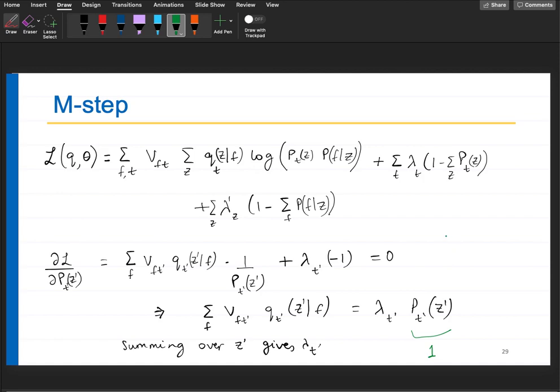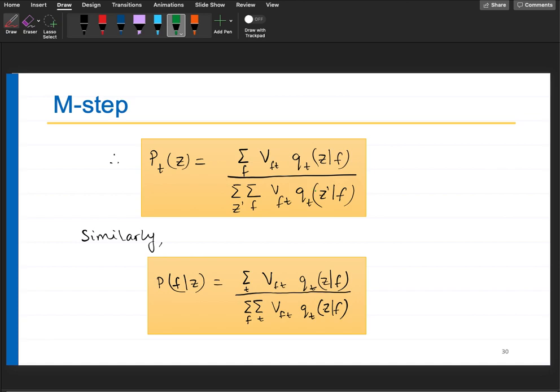From here, my P(T'|Z') is equal to the summation over f of V f t' times q t' z' given f, divided by lambda T'. And you have already found the value of lambda T', and you just substitute it back, and you get the numerator as it is and the lambda's value, the same thing summed over Z', right? Is this clear?